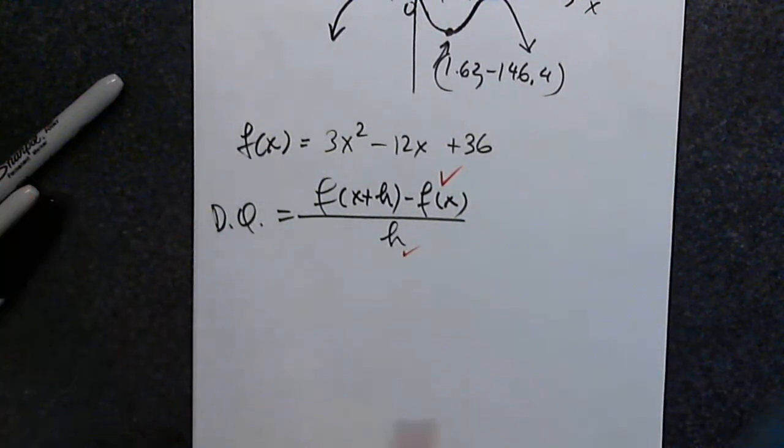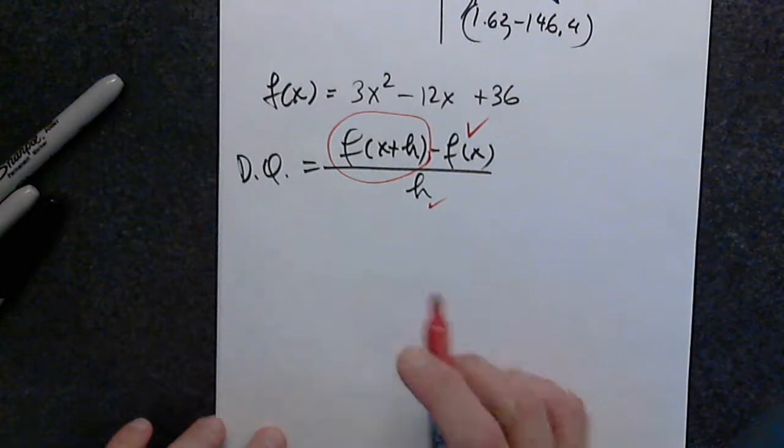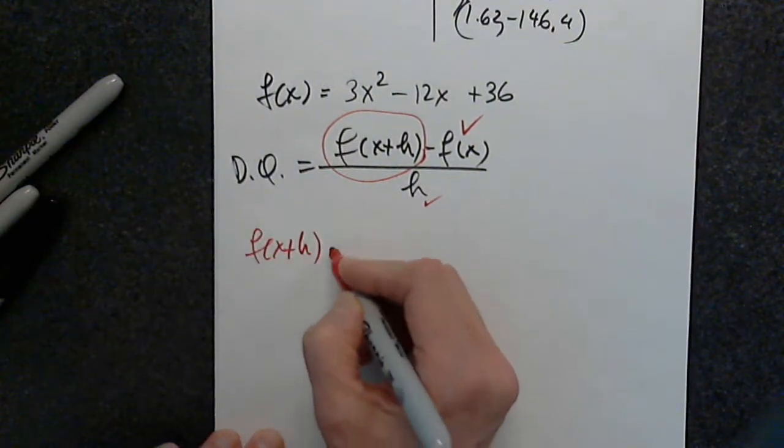Yes, there is nothing I can do to h. H is just a letter, right? A minor change. And this I don't have. I have to work on it first. So then f of x plus h equals.